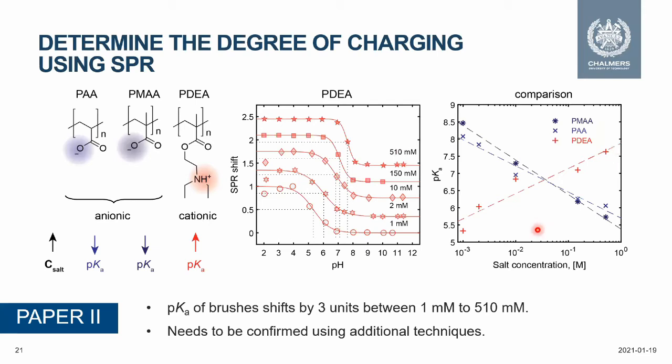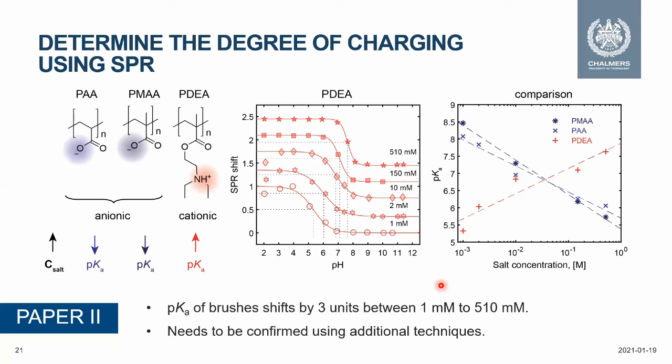And the total change in pKa between 1 and 510 millimolar salt concentration amounts to almost 3 units, which is a remarkable change in the pKa compared to the corresponding case for polyelectrolytes when they are free in solution. However, it's not enough to do this just by SPR. We need to evaluate this and verify it using other techniques as well. And for this reason, we used QCMD, which is another surface-sensitive technique that is highly complementary to SPR.